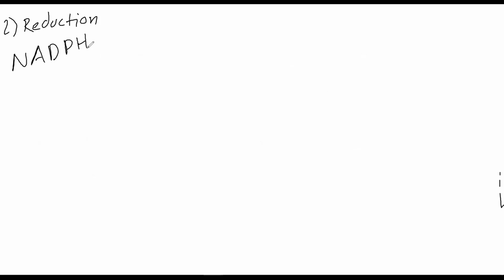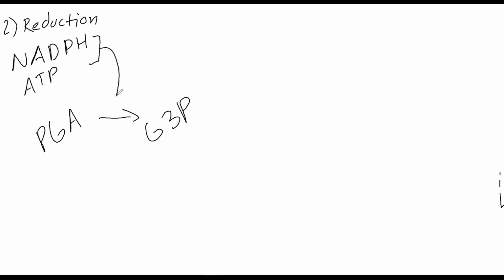So NADPH and ATP, which we made in the previous light reaction, are going to reduce PGA into G3P. So these two things are going to go in.